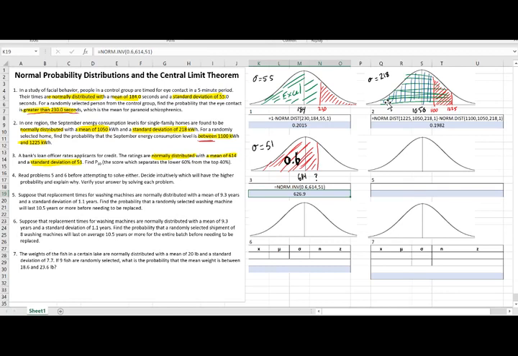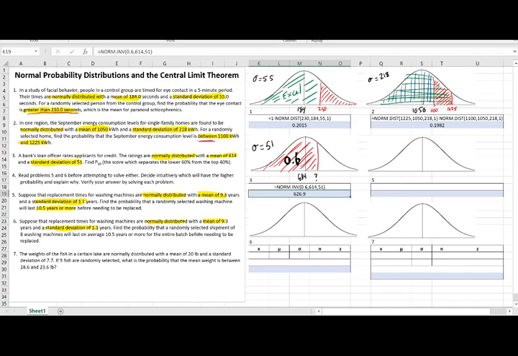In number 5, suppose replacement times for washing machines are normally distributed. Okay, we have normal, and this is important, it can't be assumed. Normally distributed with a mean of 9.3 years and a standard deviation of 1.1 years. Find the probability that a single randomly selected washing machine will last 10.5 years or more. Now number 6, same scenario almost. Replacement times are normally distributed with a mean of 9.3 years, a standard deviation of 1.1 years, so same values.